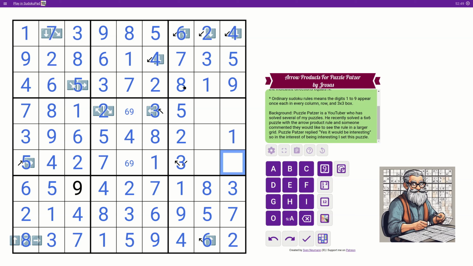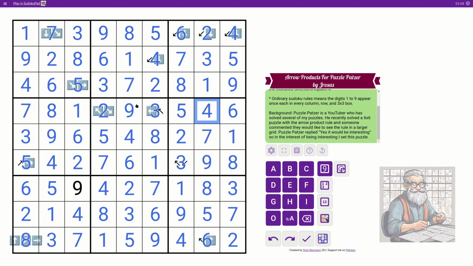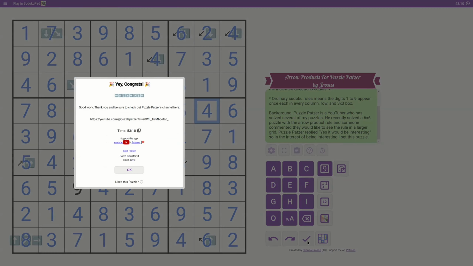I'm missing a 6 and an 8. And here I'm missing a 7, which is okay. And now we know what these are. And that's a 9. And that's a 4. Right, looks good. Moment of truth.